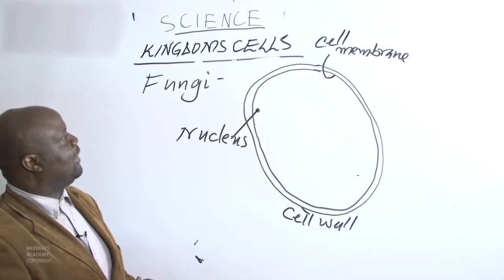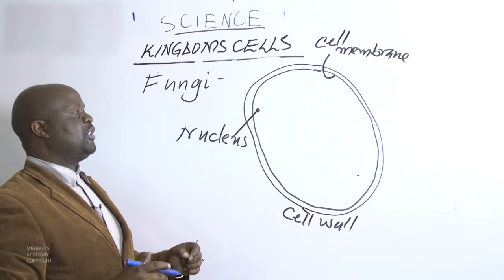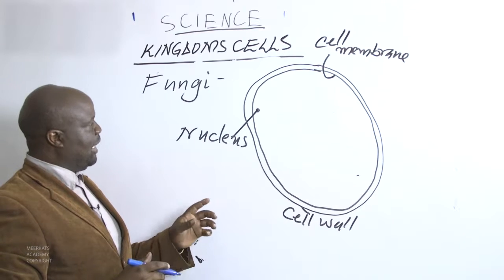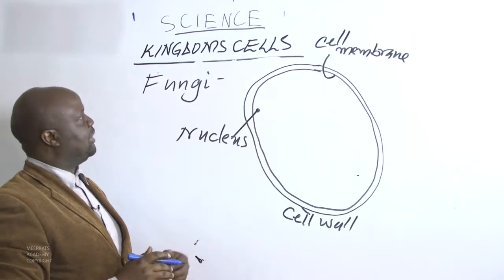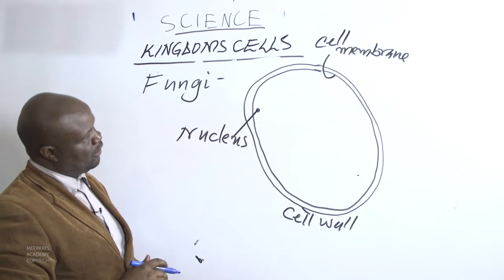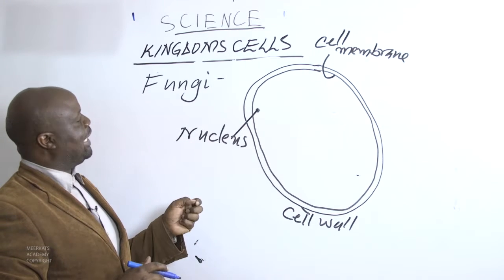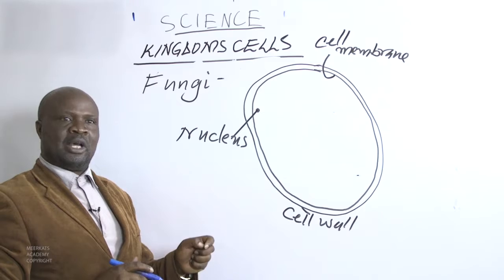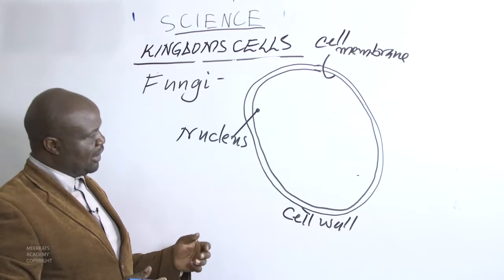So fungi, just like cells in the plant kingdom, have a cell wall, which is absent in organisms present in the animal kingdom. Then the fungi cell doesn't contain chloroplast. If they had chloroplast, they would have the ability of making their own food.